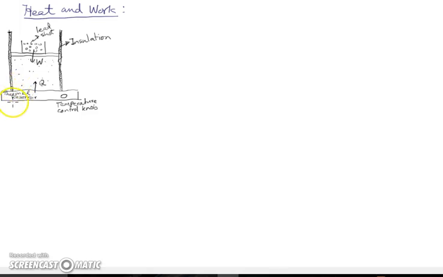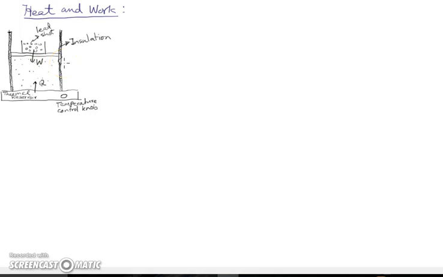The cylinder is sitting on a thermal reservoir with a temperature control knob, so the temperature of the thermal reservoir can be changed. So thermal energy Q, heat energy Q, can enter into the system. And W is the weight force, the force due to the weight of the lead shot and the piston.